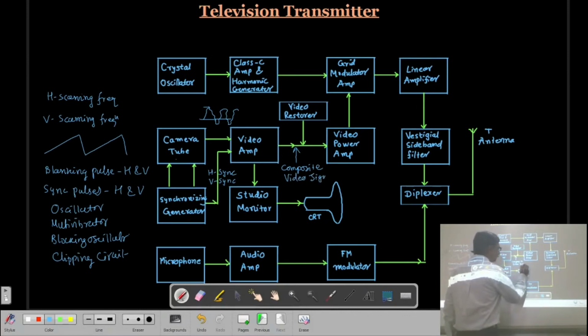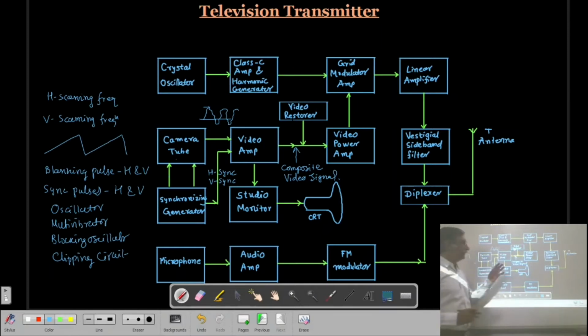Now in the composite video signal, there will be some DC component, and this DC component will be removed by a video restorer. Then the signal is given to the video power amplifier. Here the signal should be very powerful, only then can it go to a certain distance.